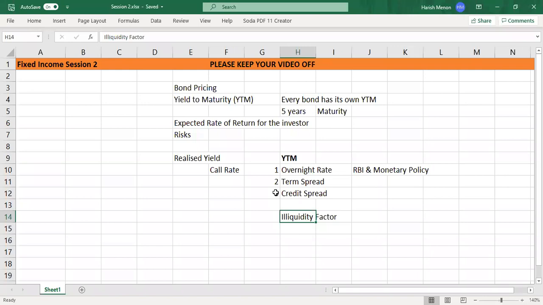What we are saying is transactions in the 10-year government bond happened at 6.12% as the consensus yield that the buyer also agreed, seller also agreed. And once the yield is decided, we can easily calculate the price of that bond. Price is a very simple calculation.